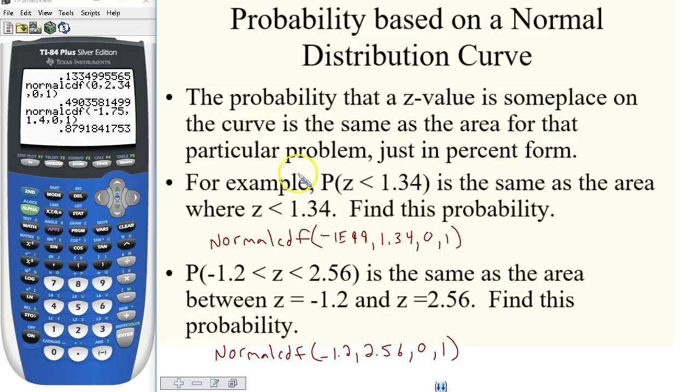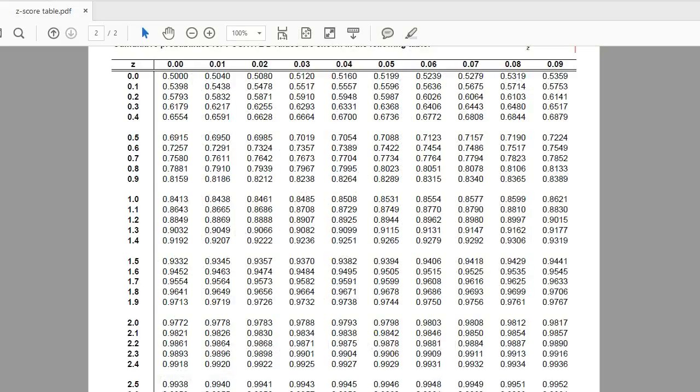When we're finding the probability of z is less than 1.34, we're just finding the area under the curve for the z-score of less than 1.34. So we're still either going to use normal CDF or we're going to go to our normal table and find 1.34, which you can see this can be pretty fast, 0.9099.